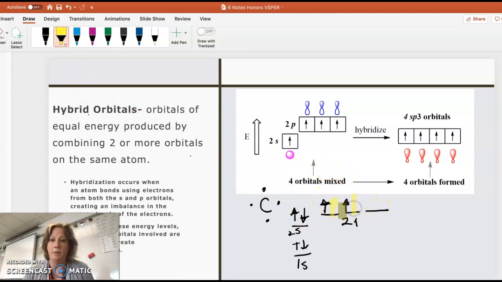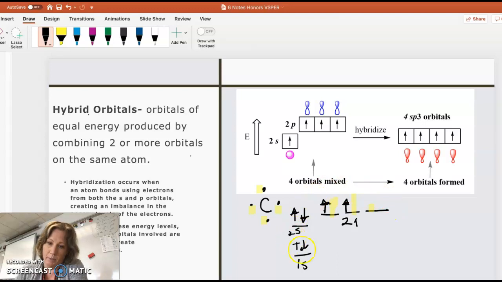So it looks like carbon would only bond 2 times, but in reality it bonds 4 times, and you can see that when you look at the electron dot structure. By undergoing hybridization, carbon promotes one of these electrons into the p, and then they morph into these equal energy orbitals, which we call sp3. That allows carbon to bond enough to get an octet of electrons.